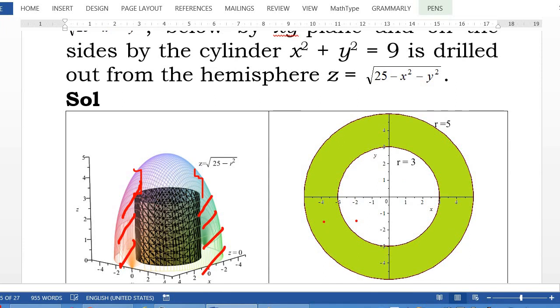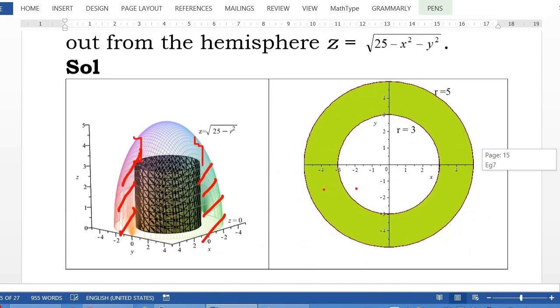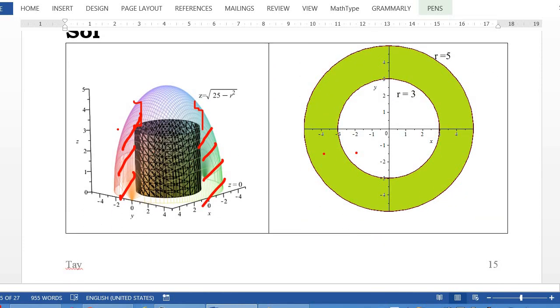In example 5, we found the volume of a hemisphere z equals square root of 25 minus r squared. In example 6, we found the volume of a cylinder whose top is a hemisphere.